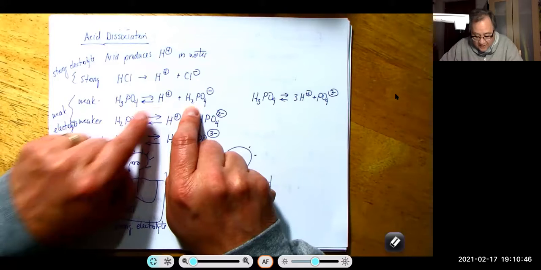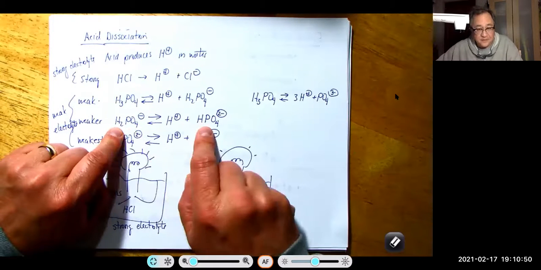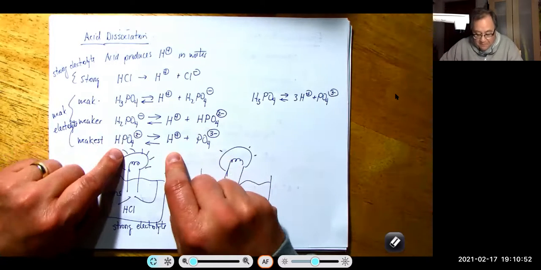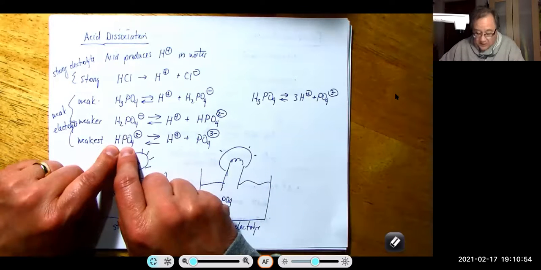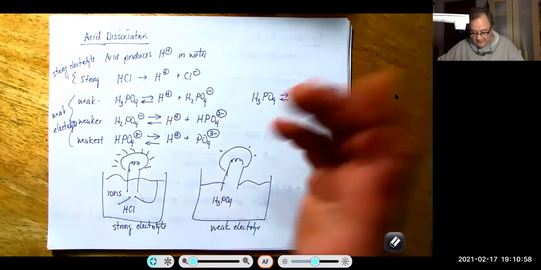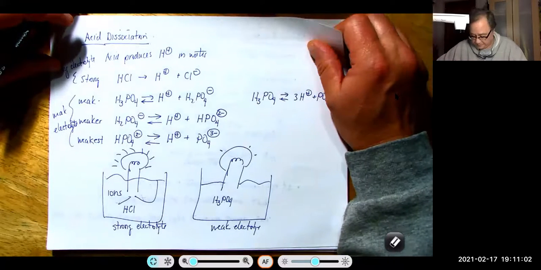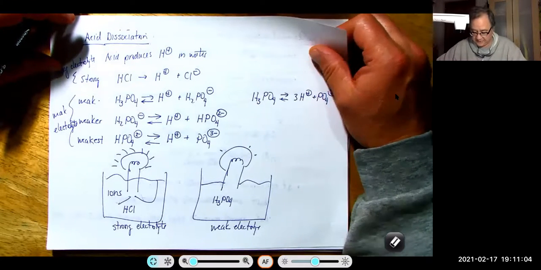For this second one, this might be 1,000,000 of these and 1 and 1. For the third one, it might be 1,000,000,000 of these and 1 and 1. So there aren't going to be very many ions in solution for these weak electrolytes.